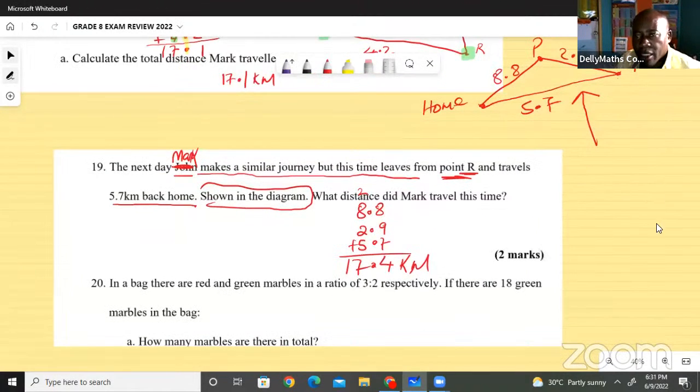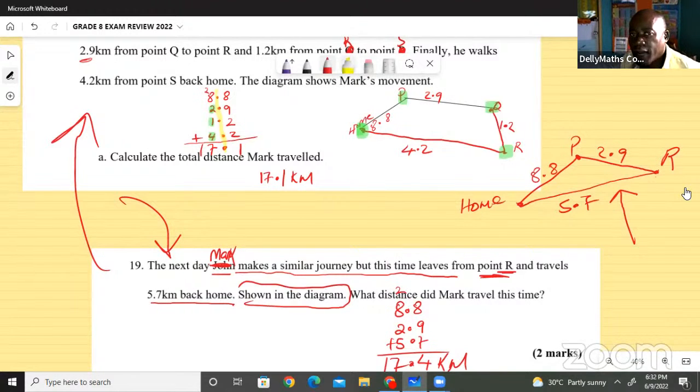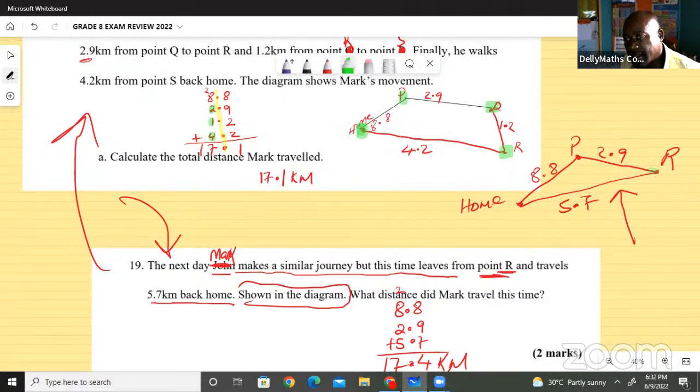Now, if you remember, the question that we did up top is still related to this one. And that is why the question said, the next day, Mark makes a similar journey, but this time leaves from R and travels 5.7 back home. So we would have said, oh, the only difference is this: he went to R, he did not go to S, he just went back home.